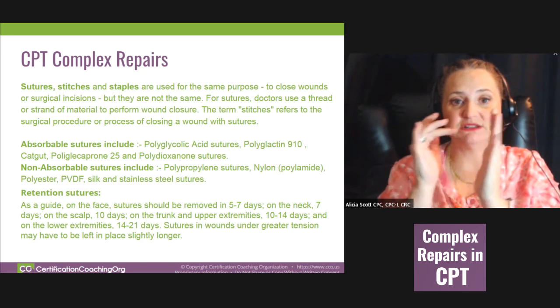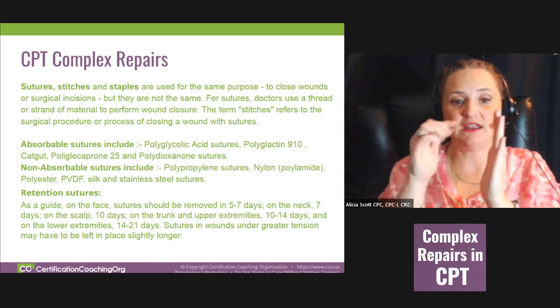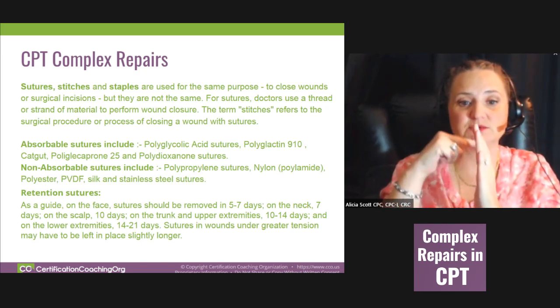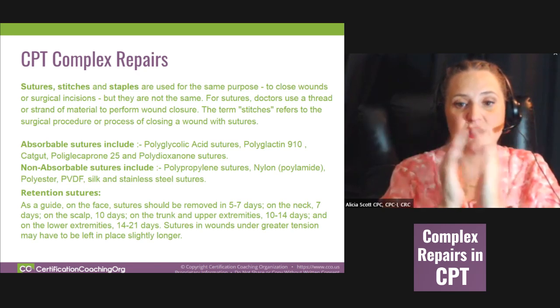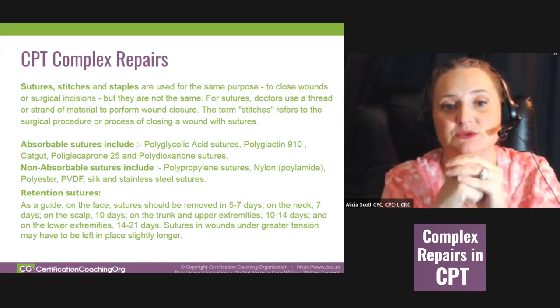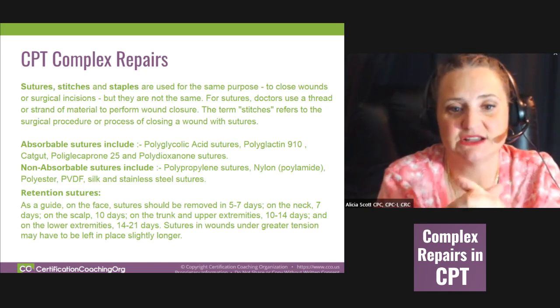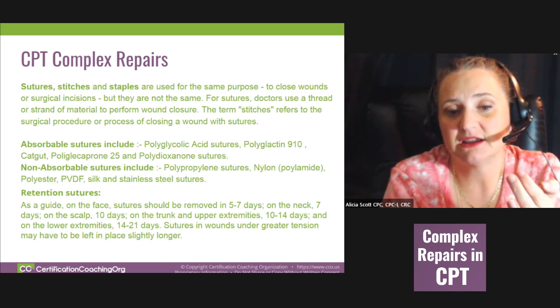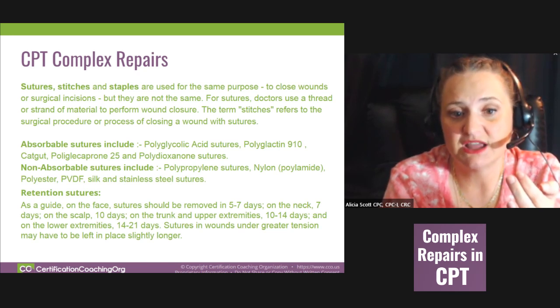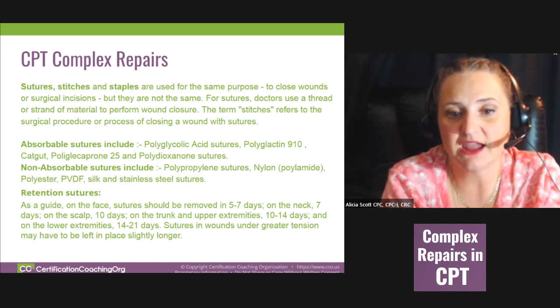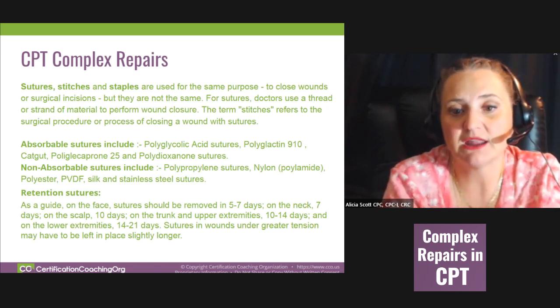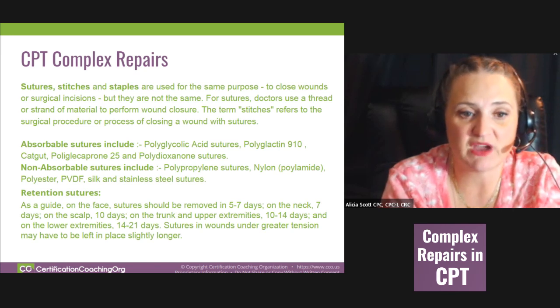Okay, so that's going to be a deep suture, and then we'll talk about the ones that are going to go on top. But poly is a prefix that you see a lot. So you've got polyglycolic acid sutures. We've got polygalactin 910. We've got catgut.